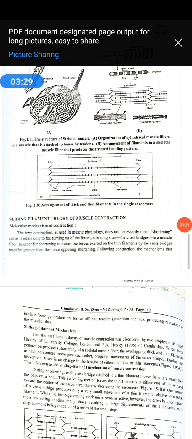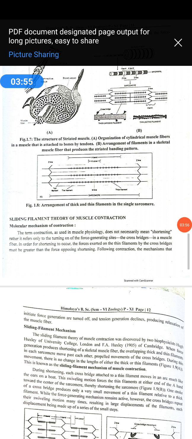And when an action potential comes to the muscle through the motor end plate and motor nerves, it spreads throughout the sarcolemma of the myofibrils, and the transverse tubules of the sarcoplasmic reticulum release a large number of calcium ions into the sarcoplasm, because the sarcoplasmic reticulum acts as a storehouse of calcium ions.